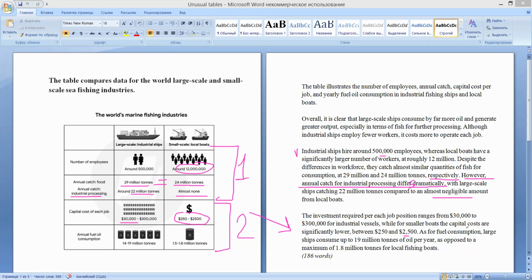As for fuel consumption, I say that because it's a common mistake, we need a comma here. As for fuel consumption, large ships consume up to 19 million tons of oil per year, as opposed to a maximum of 1.8 million tons for local fishing boats. And that's it, a full stop here.